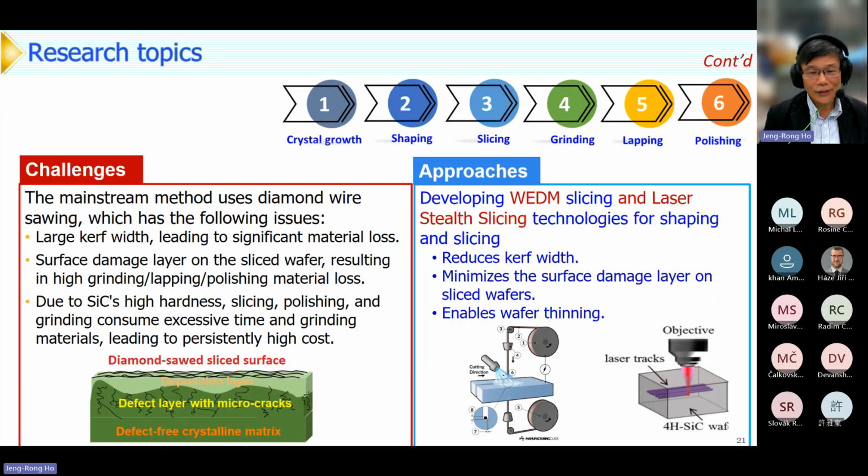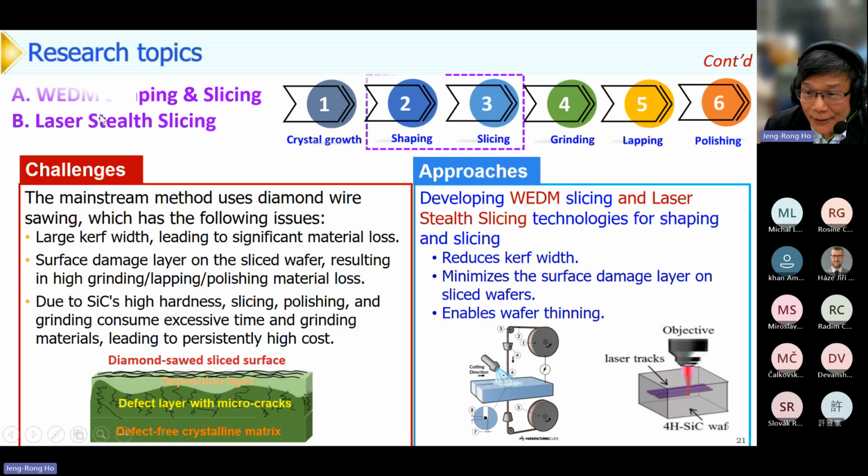Okay, here I will introduce our three main research focuses. The first one is we are developing the so-called wire electrical discharge machining technique for shaping and slicing, and also the laser slicing technique.